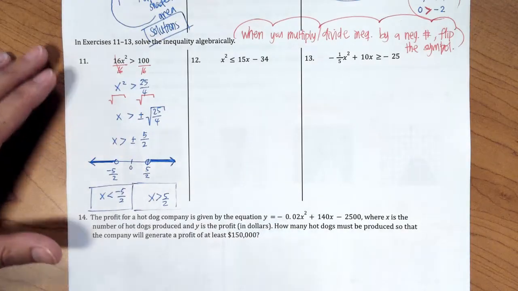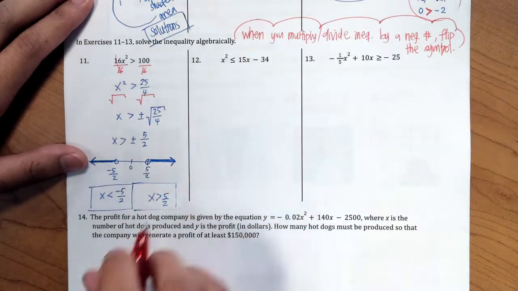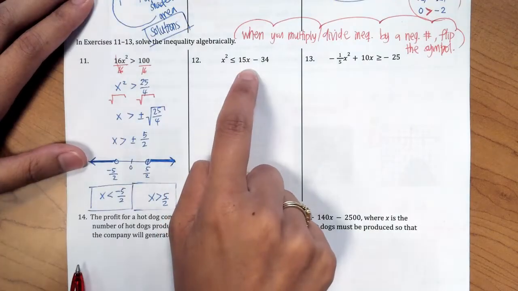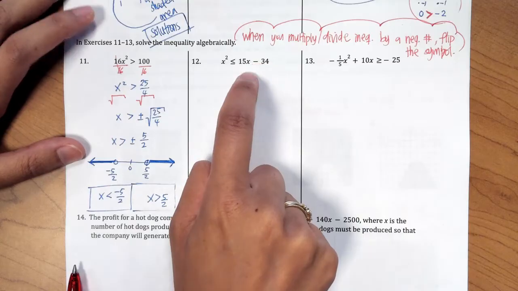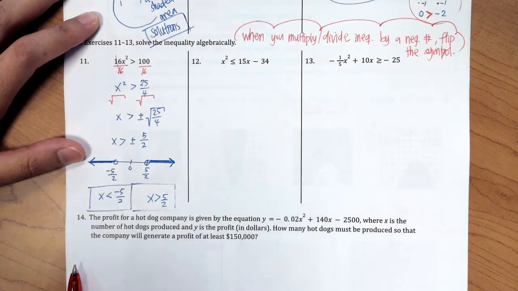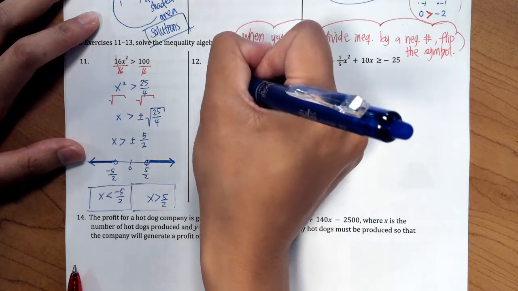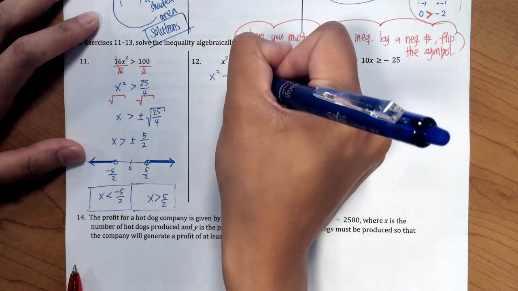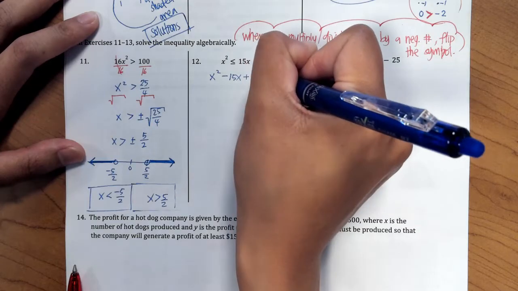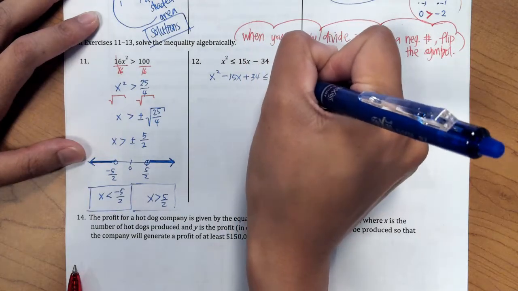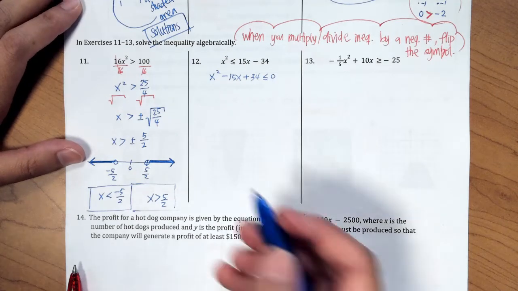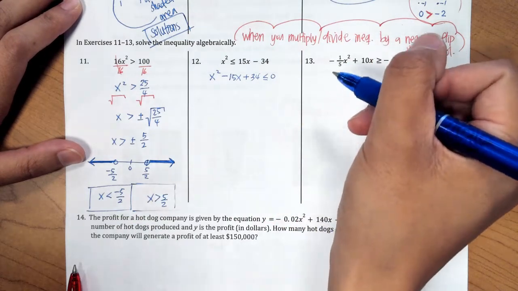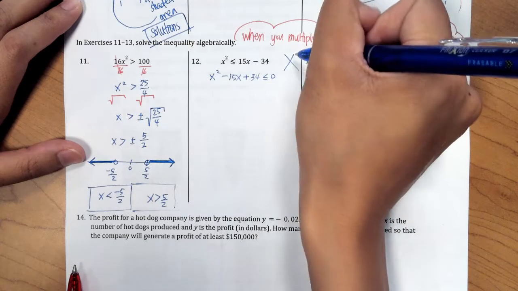Let's take a moment and solve this one. Notice this one has an x squared and an x, so I can't solve by square roots anymore. I need to solve by factoring or quadratic formula. So I'm going to move everything and get it equal to 0. We will now have x squared minus 15x plus 34 is less than or equal to 0. I took the inverse operations of each one. I always check for factoring first.